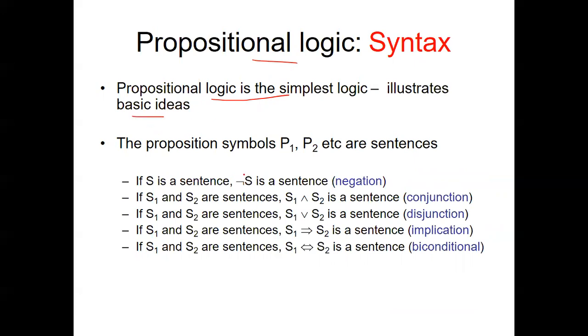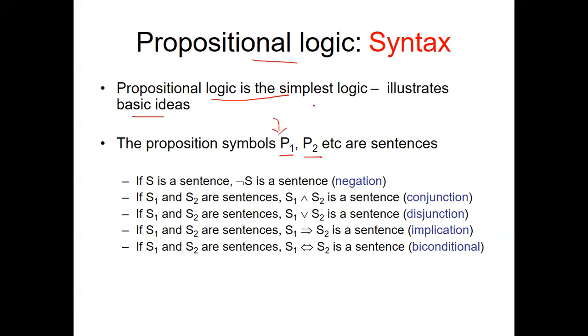For example, here we use P1, P2 as propositional symbols to represent sentences. It need not be P1, P2, it can be S1, S2, some variable we use to represent a sentence, and that sentence we call a proposition.